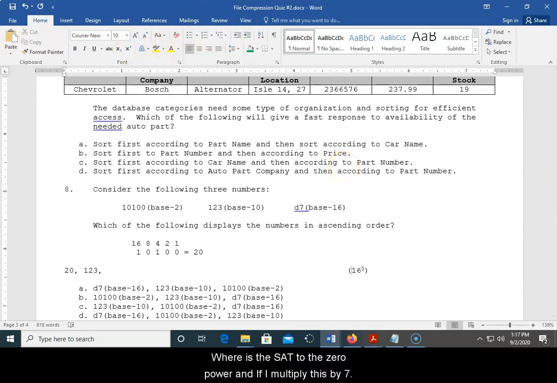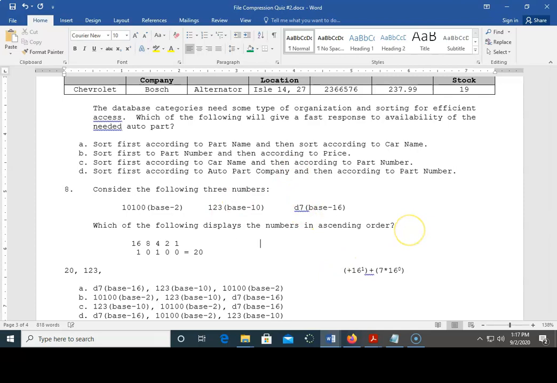And if I multiply this by 7, and then I add in, sorry, it's kind of backwards, but 16 to the 1st power plus, let's see here, D, what's D equal to?